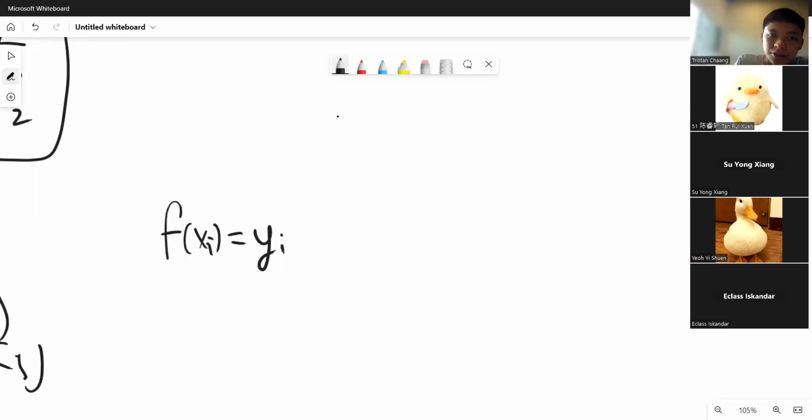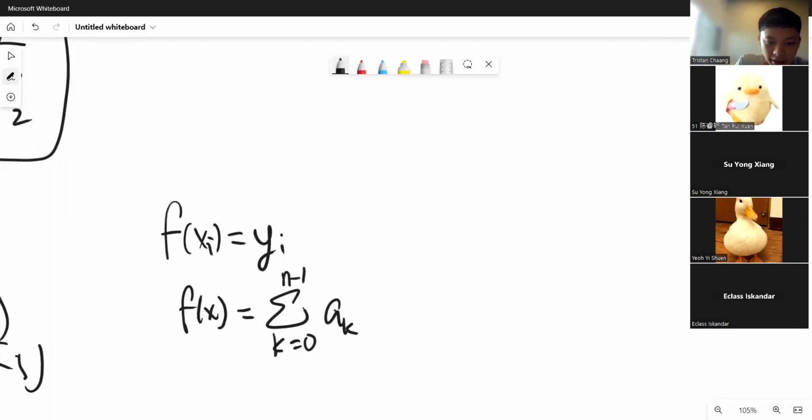So let's write f(x) in a more concise notation: the sum from k equals 0 to n minus 1 of a_k x to the k.